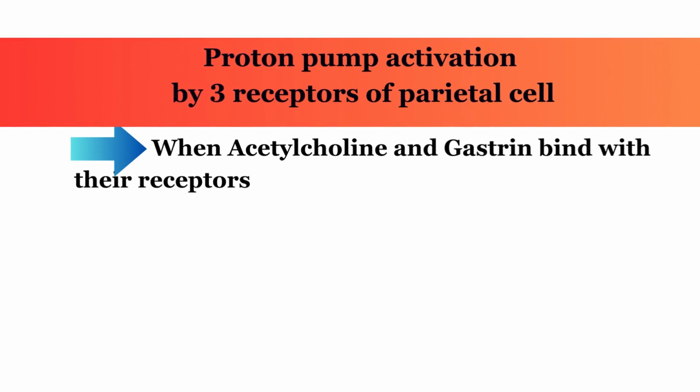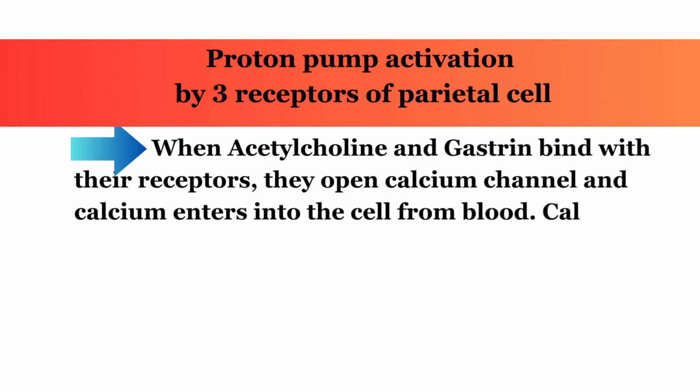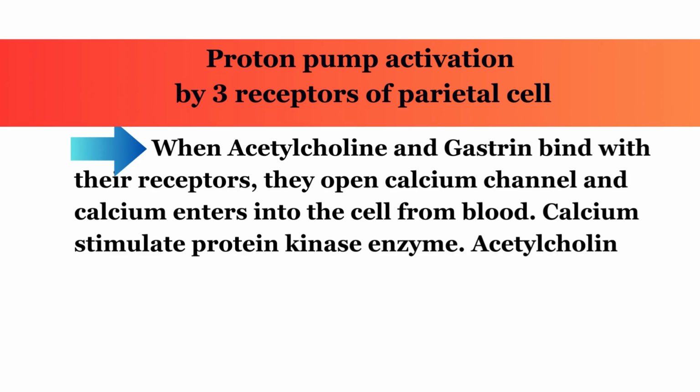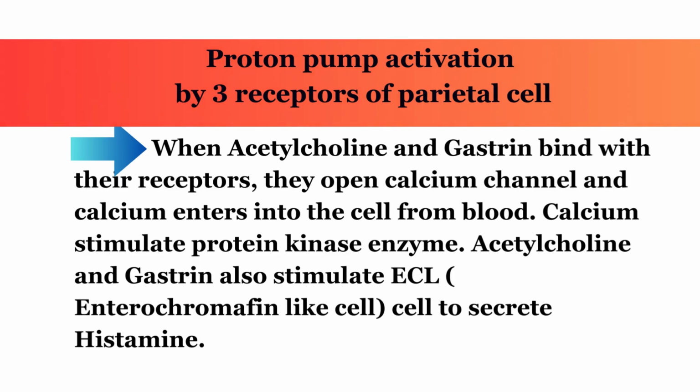Proton pump activation by the 3 receptors of the parietal cell. When acetylcholine and gastrin bind with their receptors, they open calcium channels and calcium enters into the cell from blood. Calcium stimulates protein kinase enzyme. Acetylcholine and gastrin also stimulate the ECL, enterochromaffin-like cell, to secrete histamine.